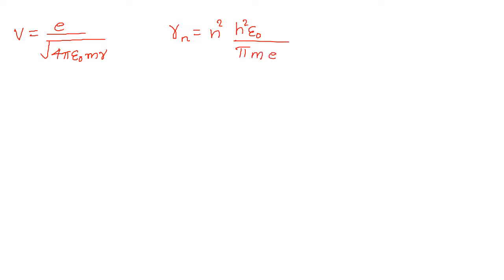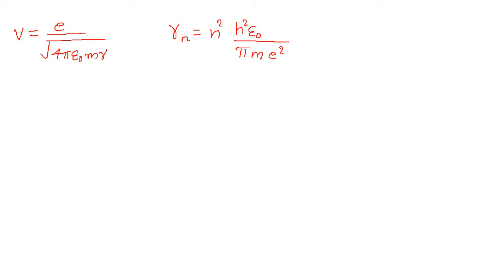We have an equation for the speed v: e divided by square root of 4 pi epsilon 0 m r, and we had another result for the radius, Rn equals n square into h square epsilon 0 divided by pi m e square. So these are the two results we already had.